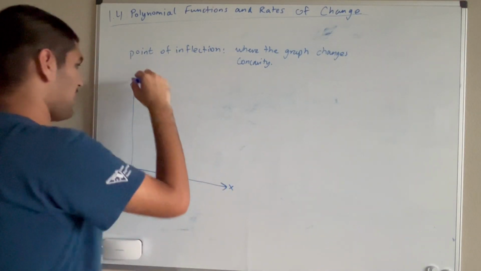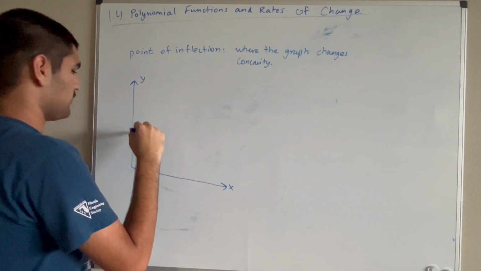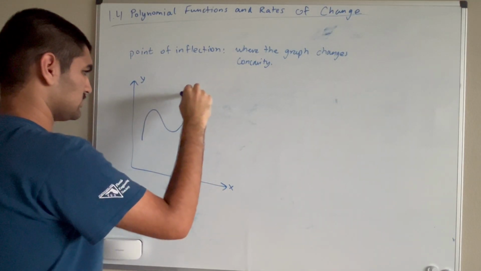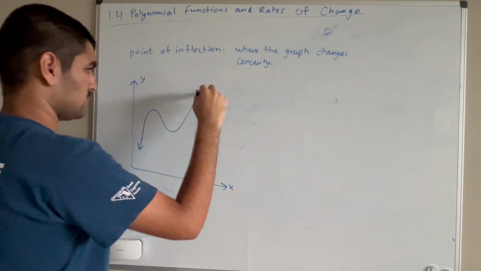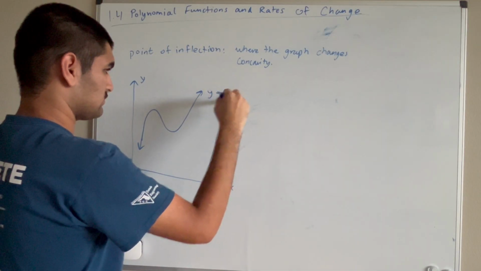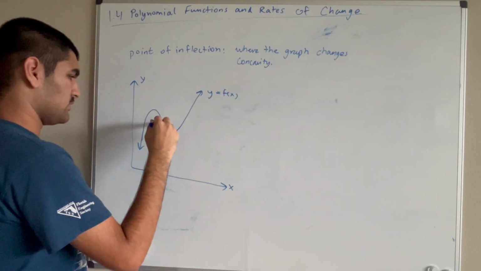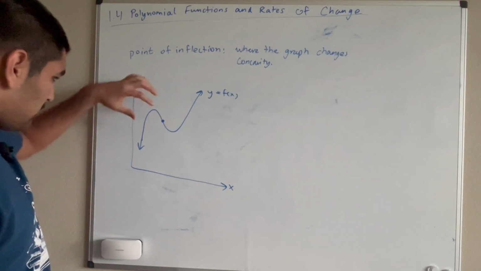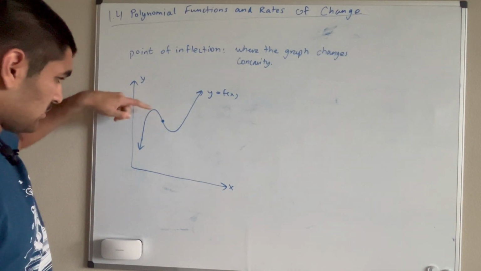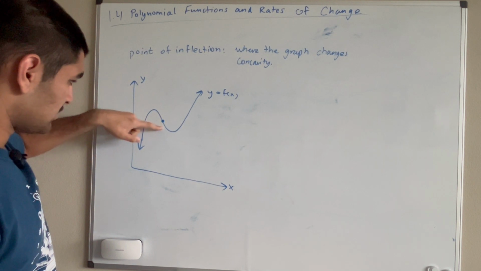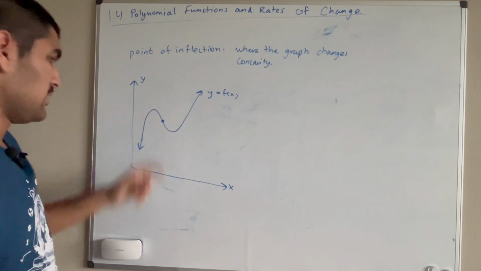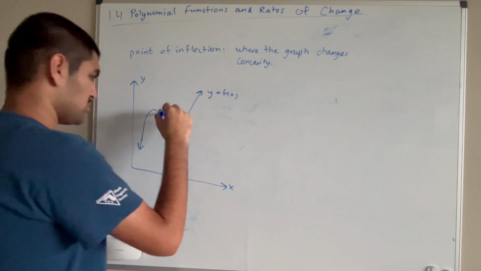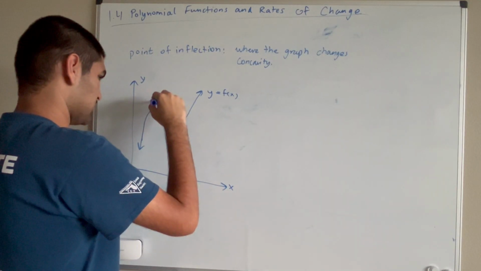So what does this look like graphically? Well, if you have some function, say something like that, the inflection point would be right there, because the concavity for this half of the graph is concave down, and then right here it changes from concave down to concave up, and so that point at which it changes is the point of inflection.